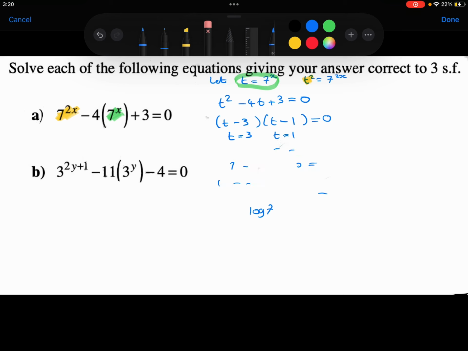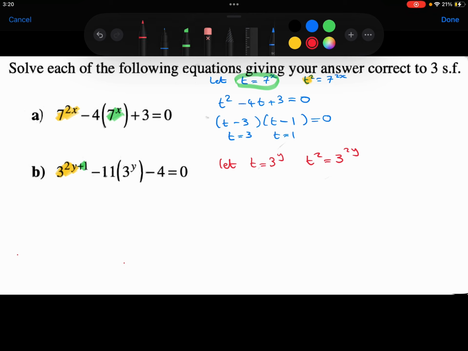Same idea. I can see that this is going to be a quadratic. So I'm going to say let t equals 3 to the power y. That would mean that t squared is going to be 3 to the power 2y. Now this one's a little bit more complicated because I've got a 3 to the power 2y plus 1.